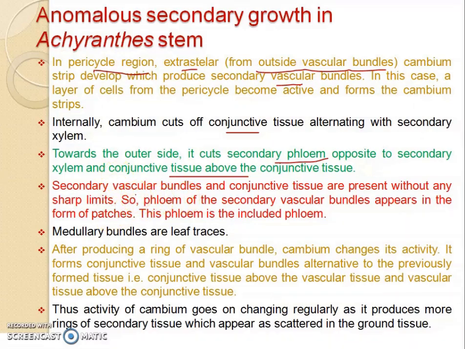So secondary vascular bundles are conjoint, and conjunctive tissue is present without any sharp limits. So phloem of the secondary vascular bundles appears in the form of patches, and this phloem is called included phloem.